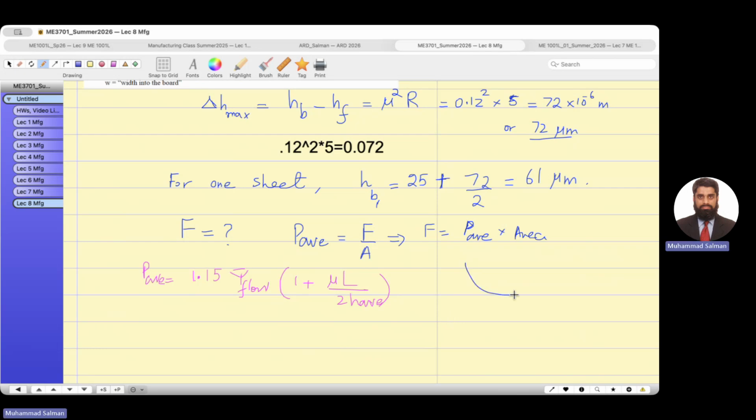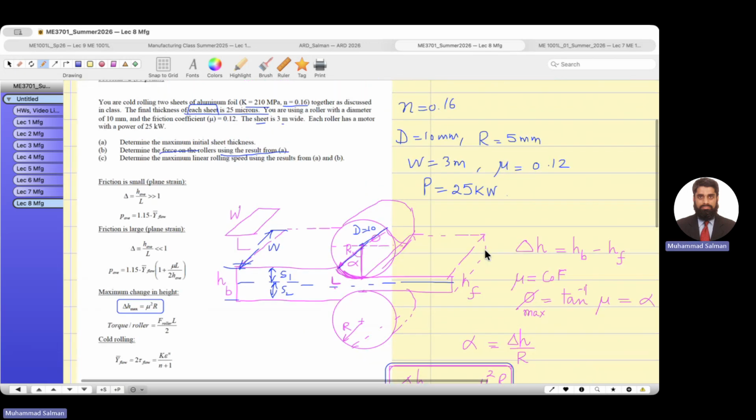So if this is a roller, this is my case, okay? So this is my arc. This is the arc which is in contact with the sheet. So L, you already know, is root R times delta H. Times, if you go back to this width, which is equal to 3 meters.